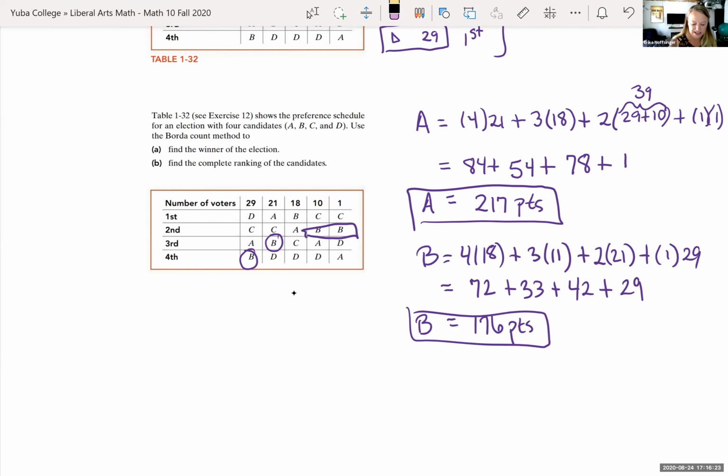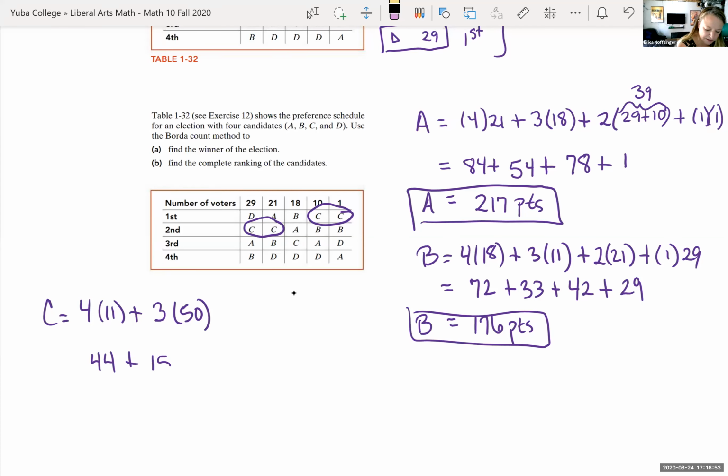So I go through again with C. Over here, C has 11 first place. That's worth 4 points. So that's 44 down here. Plus, C has 29 plus 21. That's 50 votes, and that's second place. Second place is 3 points, and 3 times 50, that's 150.